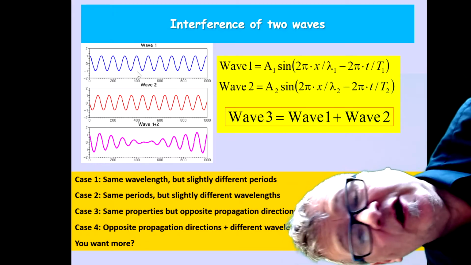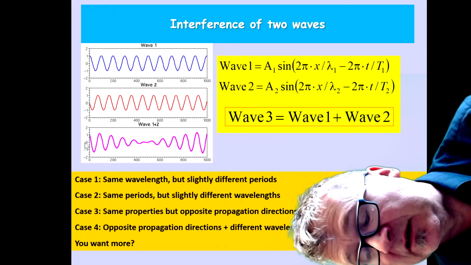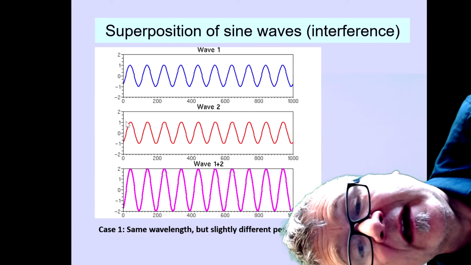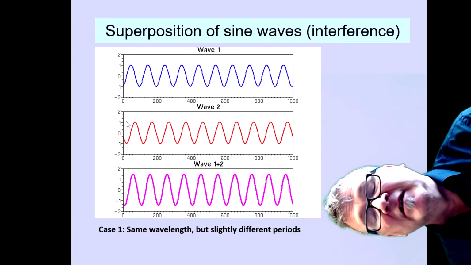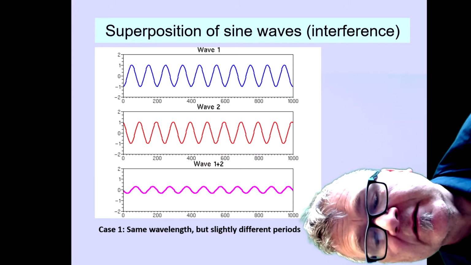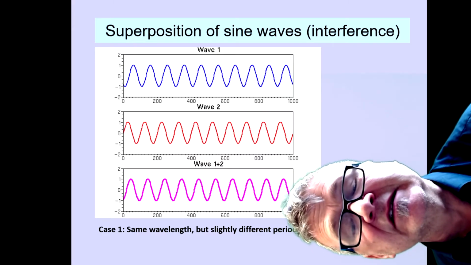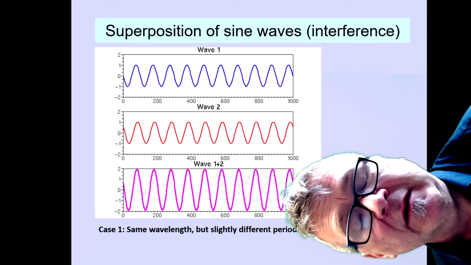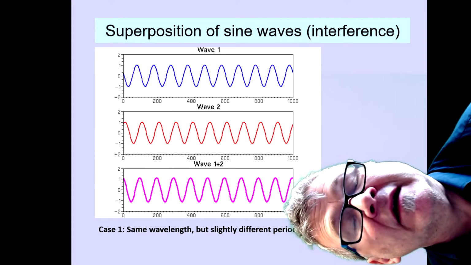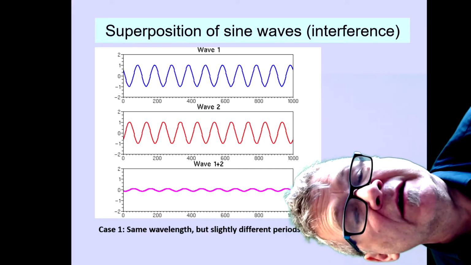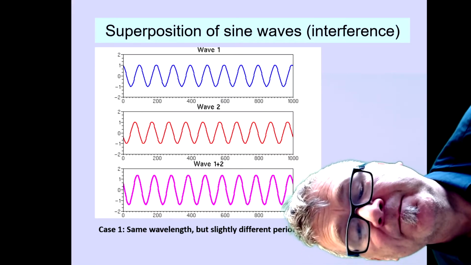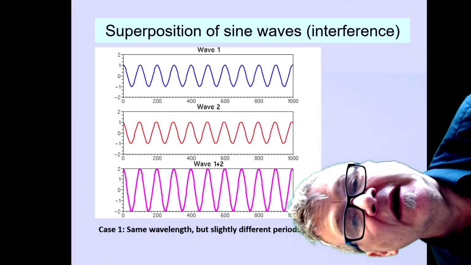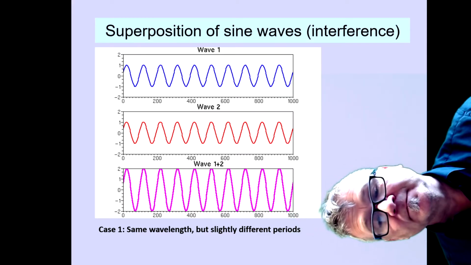Again, you will be amazed how many different types of interference patterns there are. Look at the first case, same wavelength, but slightly different periods. What you can see is that in wave 1 plus 2, at some points in time, you get an amplitude of 2, a constructive interference. At other times, the signal is wiped out.